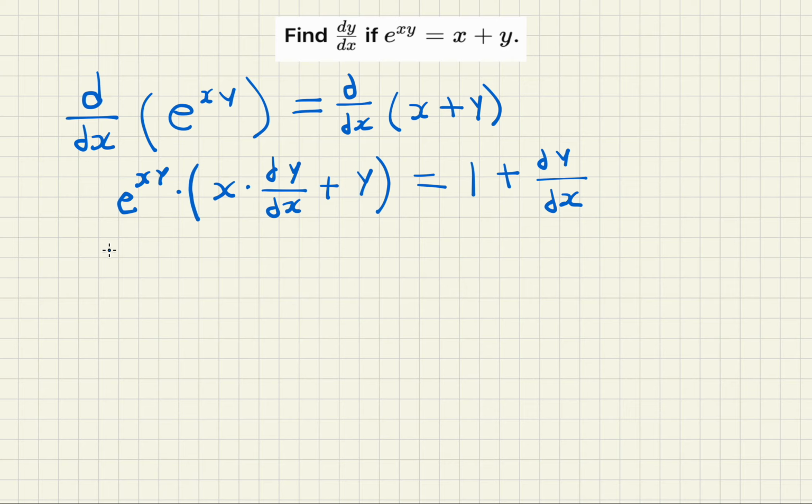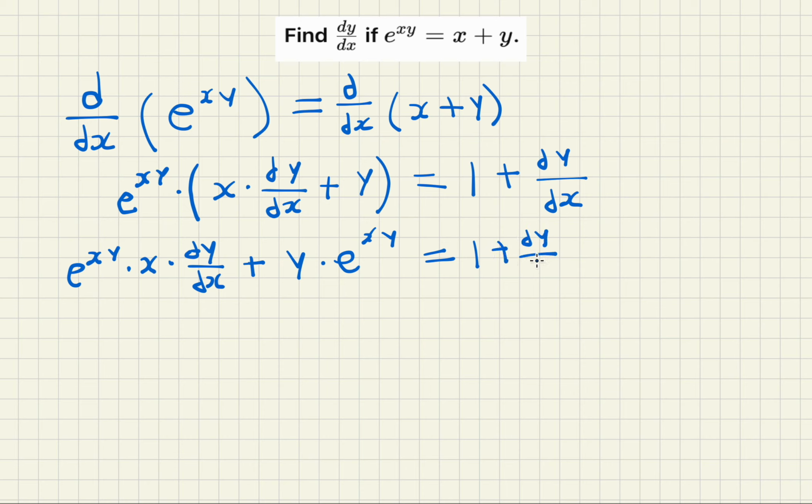So what I will do now is multiply through: e to the power of xy times x times dy over dx plus e to the power of xy times y, which is simply y times e to the power of xy. And that is equal to 1 plus dy over dx.